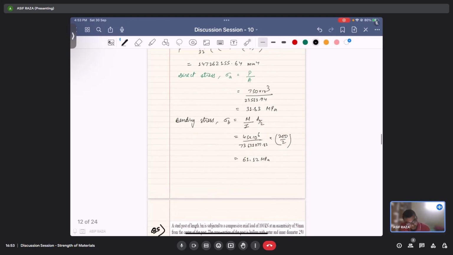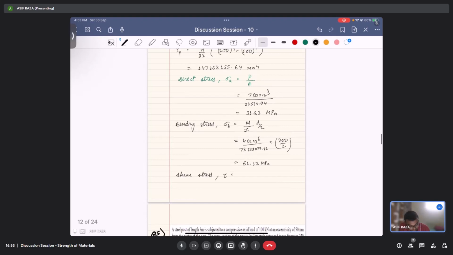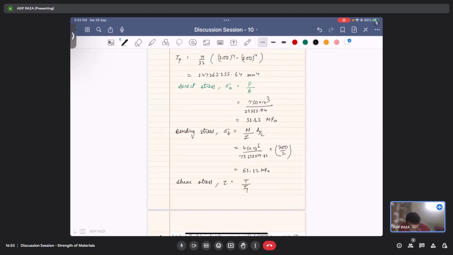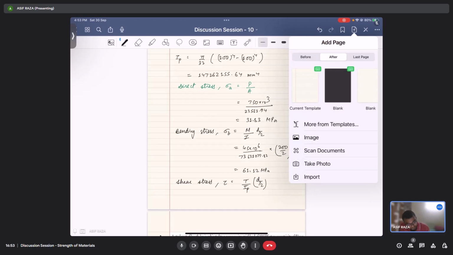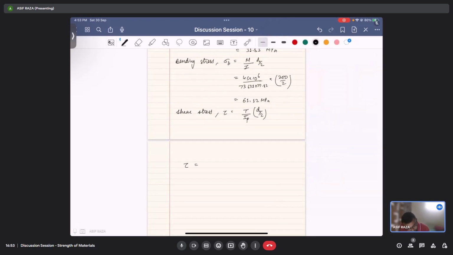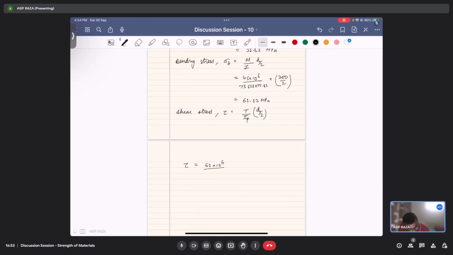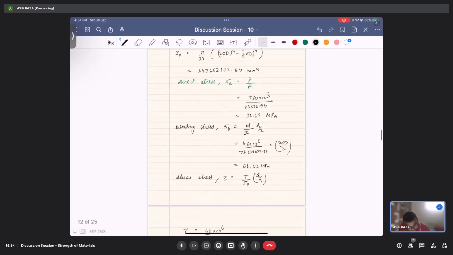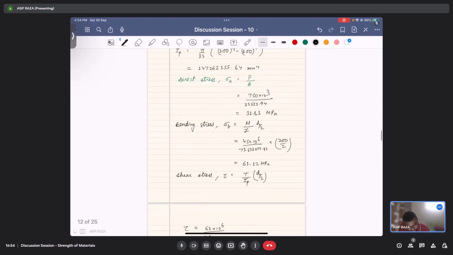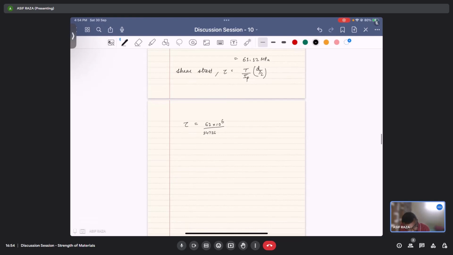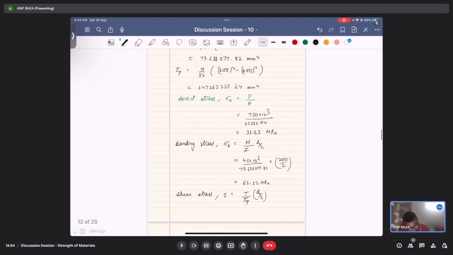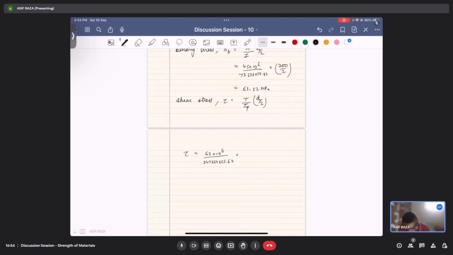Now shear stress also. The shear stress tau is T by IP times D naught by 2, so tau would be equal to twisting moment value 62 into 10 power 6 upon IP, which is 147,262,155.64, into 200 by 2.